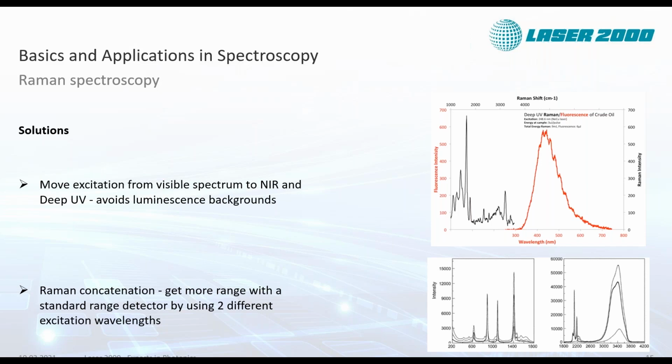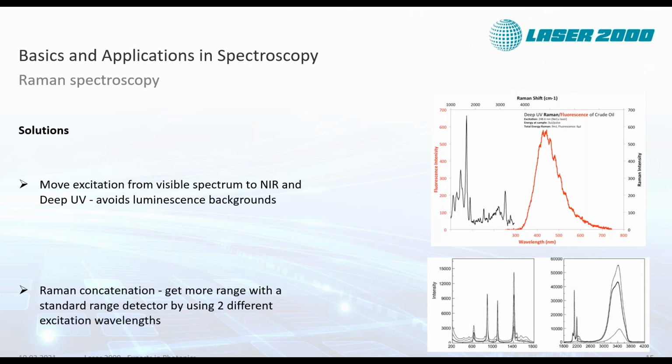But the two counterpoints are: one, when you go to 1064 nanometers excitation, the spectrometers you normally use will be indium gallium arsenide spectrometers, which are something like double to triple the price of normal silicon-based spectrometers that you can use in the visible range.